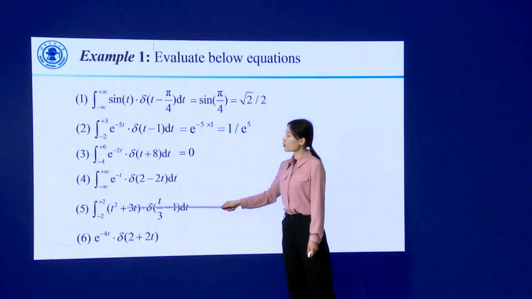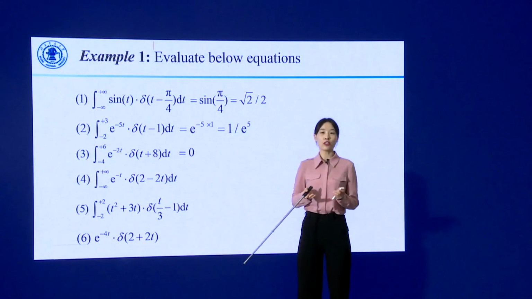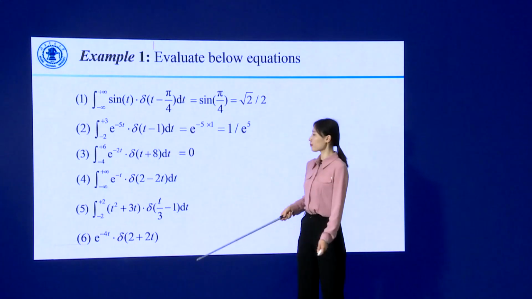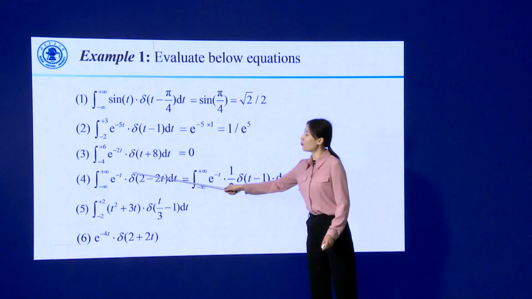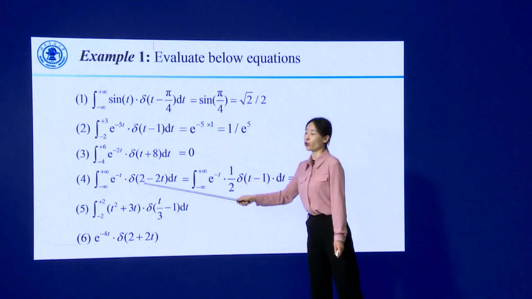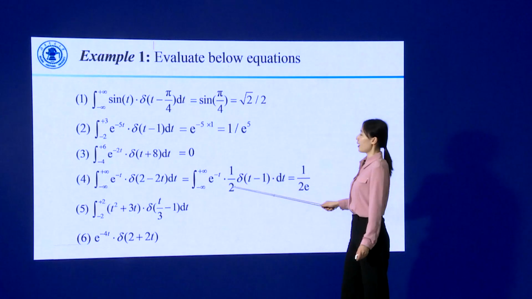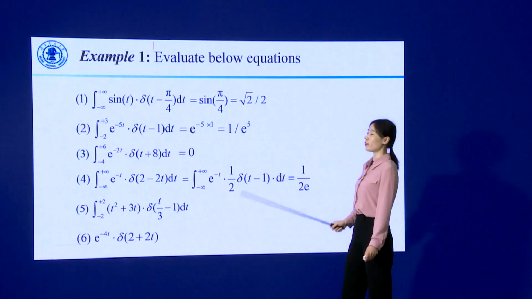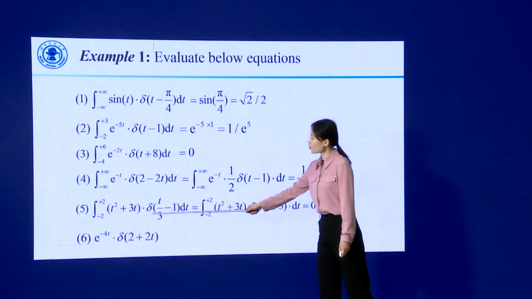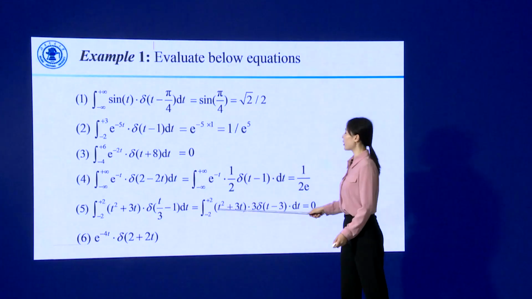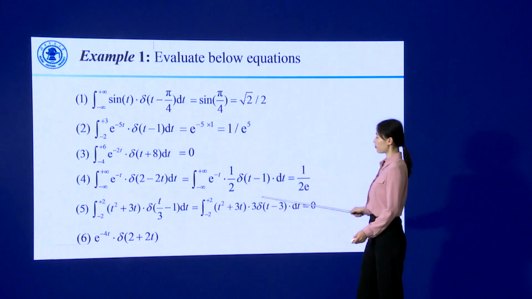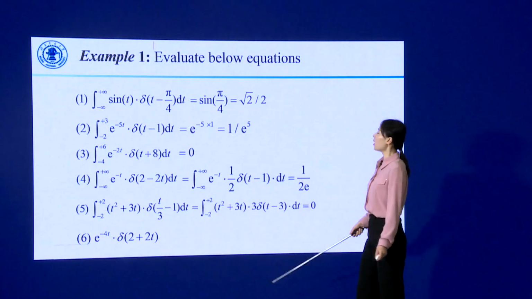For these two equations, we should first use the scaling property. Using the scaling property, we can normalize this delta signal to this one, and then we can get the final result. For this equation, we also use the scaling property, and we can get the normalized expression.